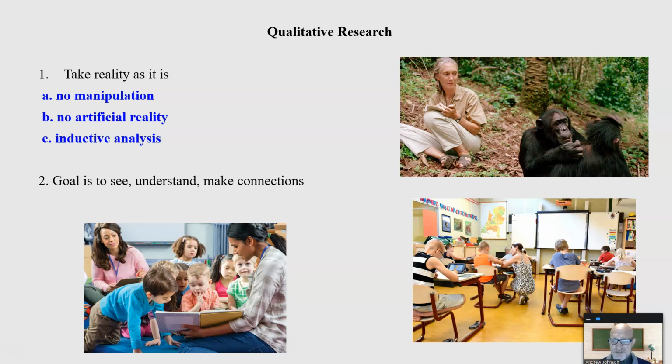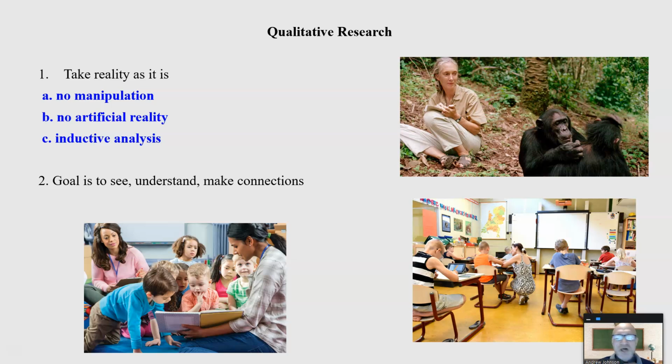Another type of research is qualitative research. This is another method of science. Instead of trying to manipulate reality by controlling variables, qualitative research takes reality as it is. The goal is not to make causal relations, although there's some of that.